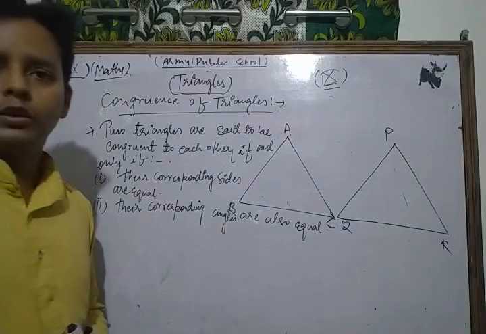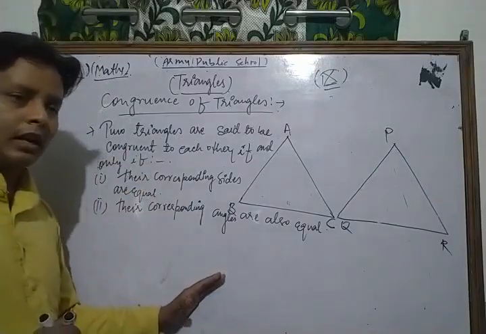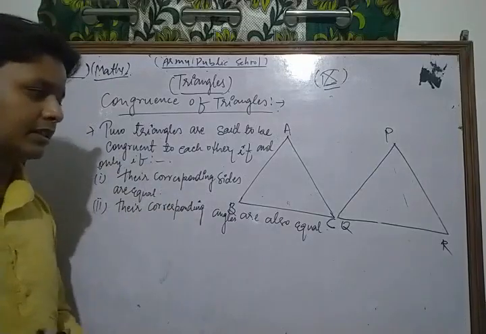For congruency of triangles, their corresponding sides are equal as well as their corresponding angles are equal.